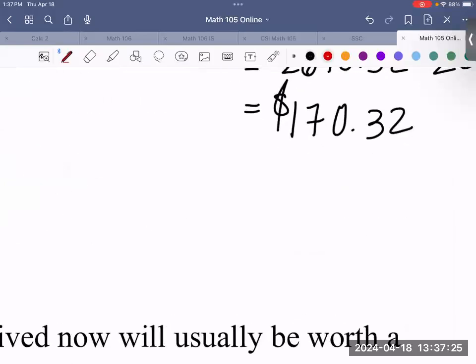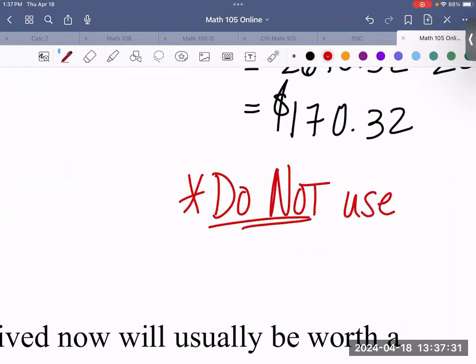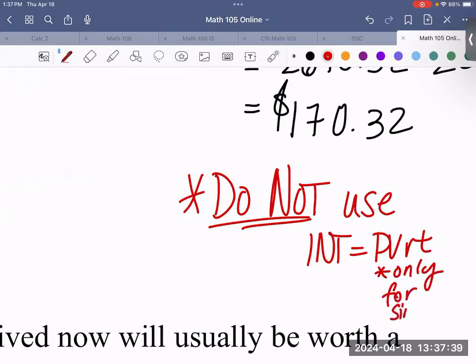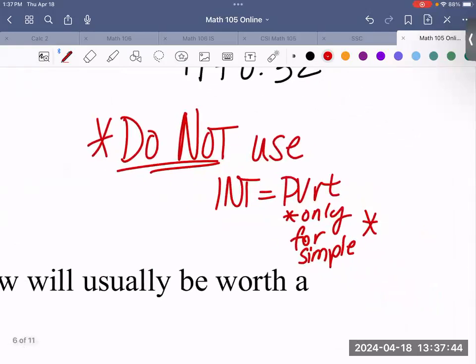I want to emphasize, do not use INT equals PVRT, only for simple. I want you to all write that down. It's not an option for me.